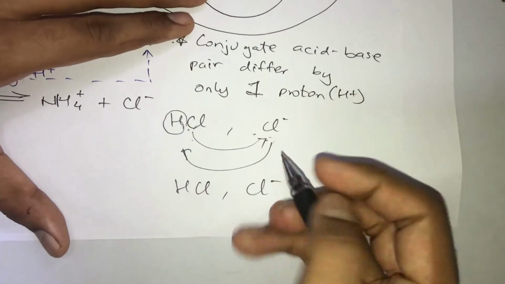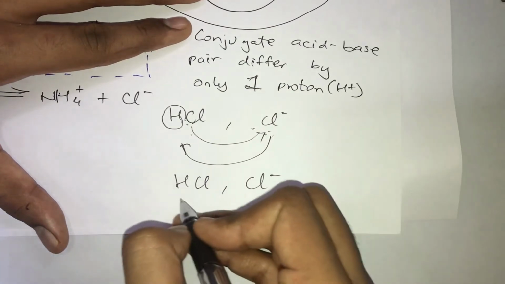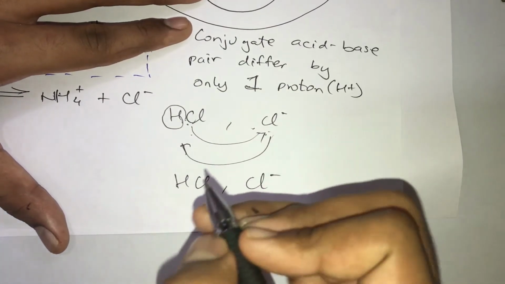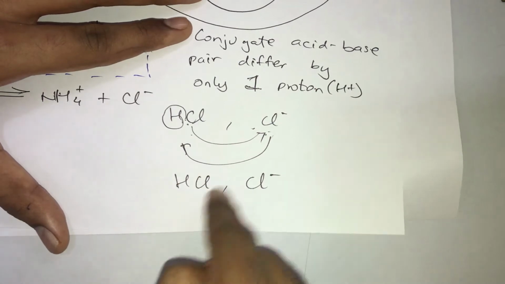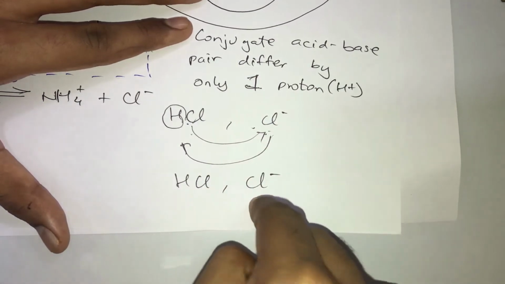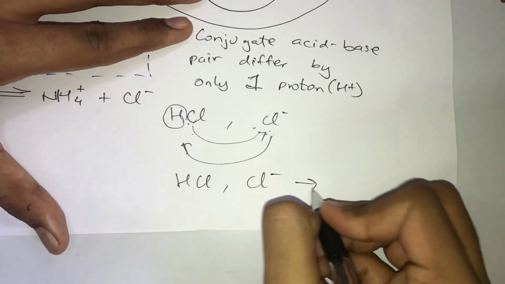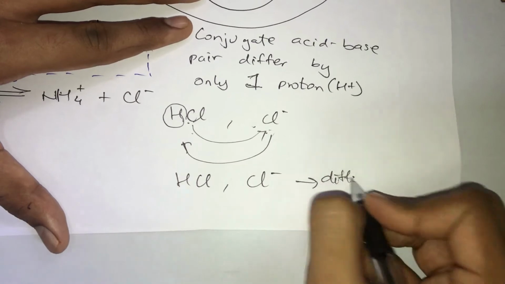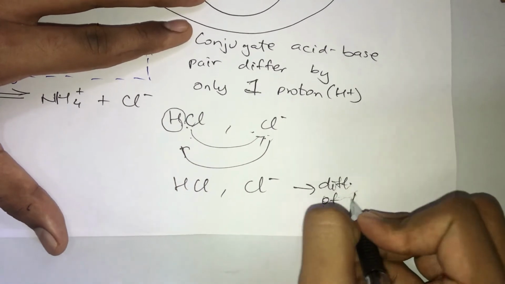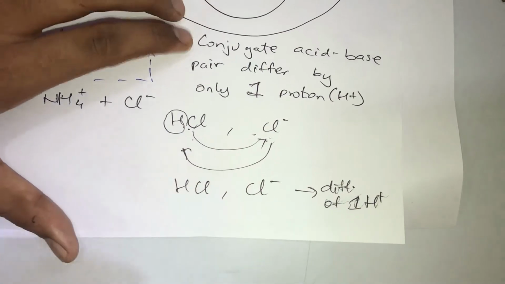How? If you add H plus to this Cl minus, it is going to get converted into HCl. Similarly, if you remove an H plus from this HCl, it is going to get converted into Cl minus. So can I say that there is only a difference of one H plus between the conjugate acid base pair?